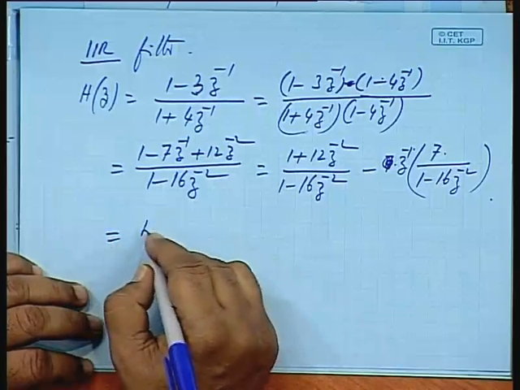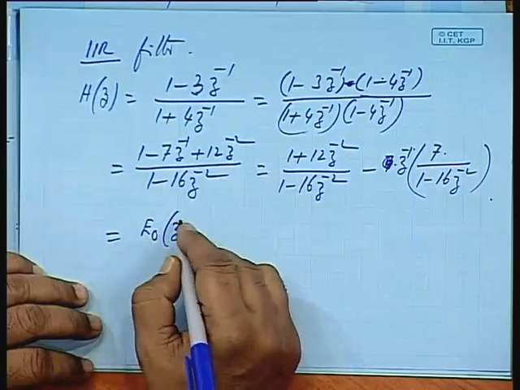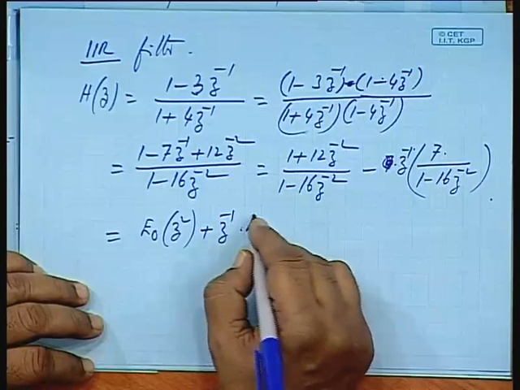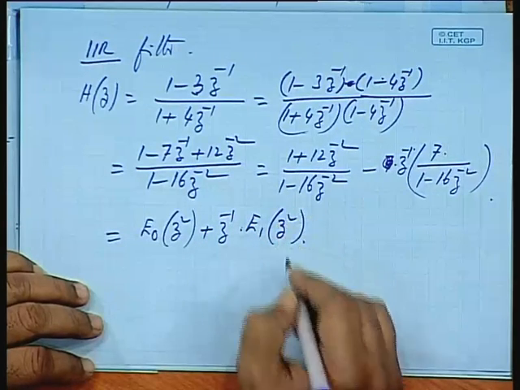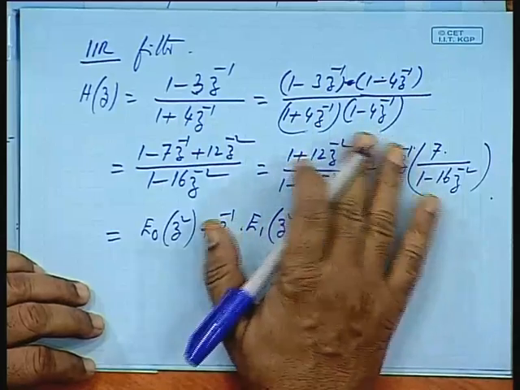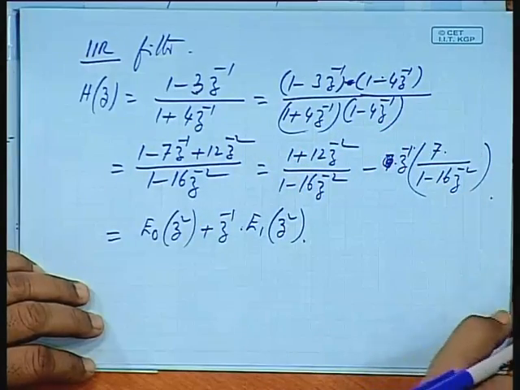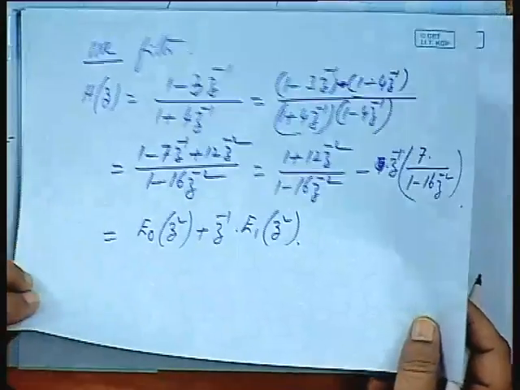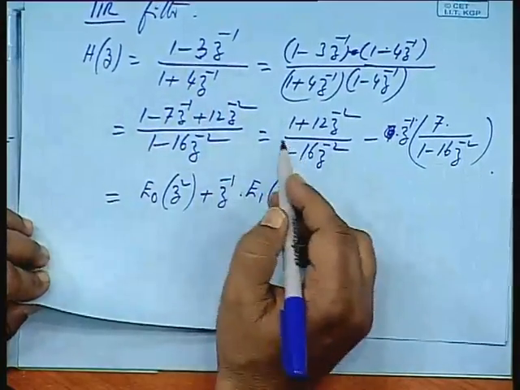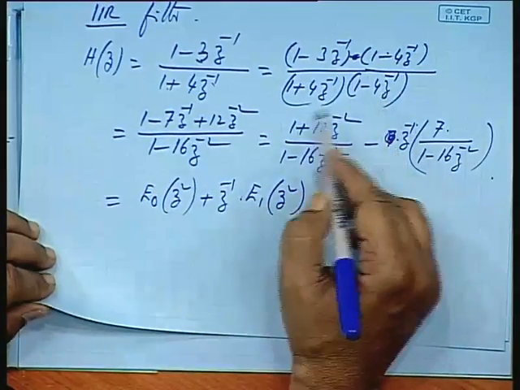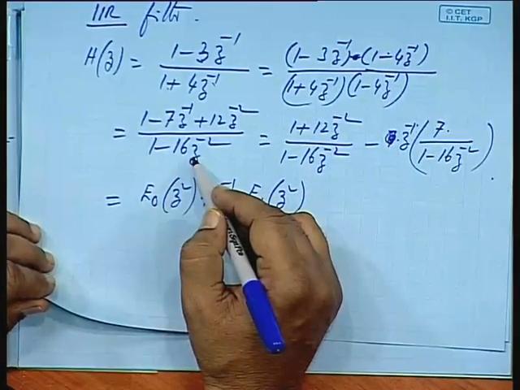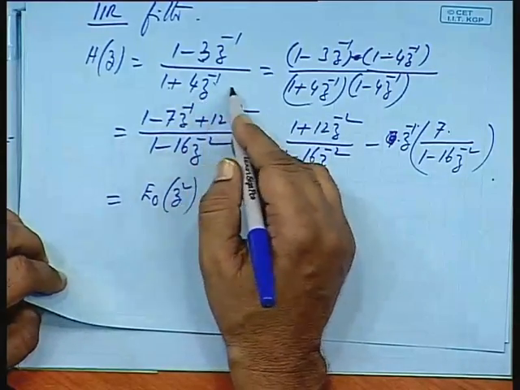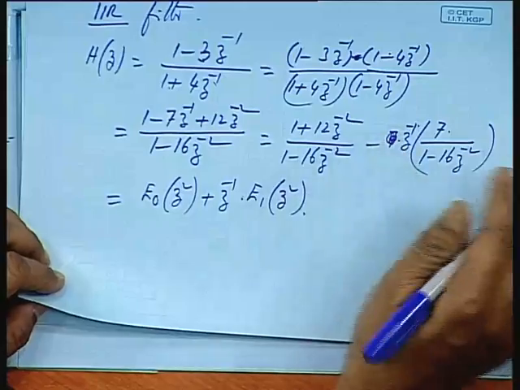So, it is like our first E0 Z square plus Z inverse into E1 Z square. This is Z inverse multiplied by this function E1. It was so simple because we have taken a very simple polynomial. Reducing a polynomial to a polynomial of quadratic terms, all right, will not be so simple. Had it been a little more involved, then it will be difficult.